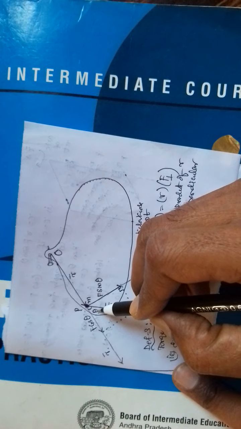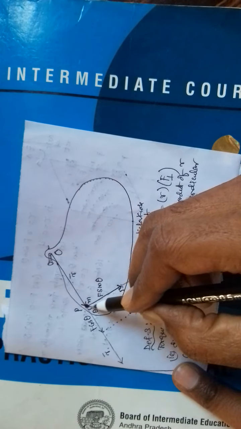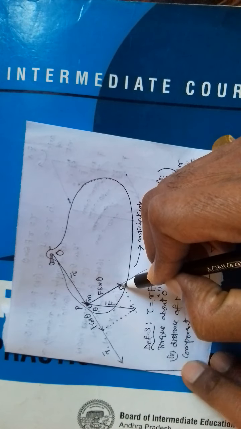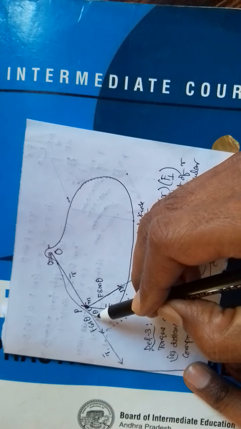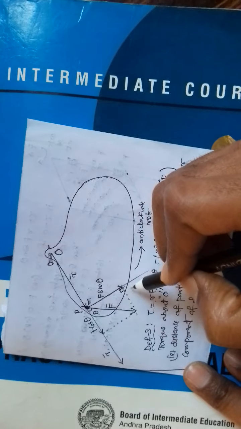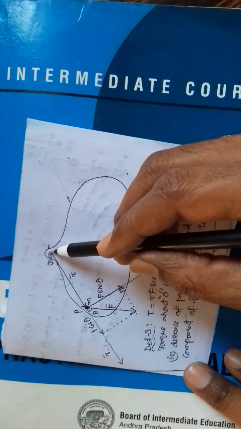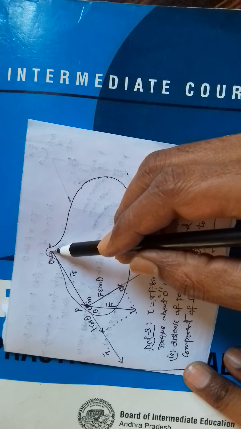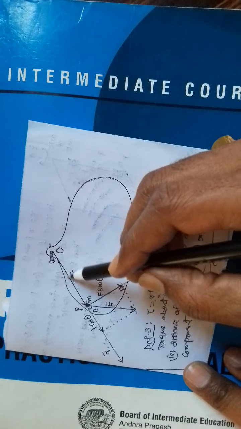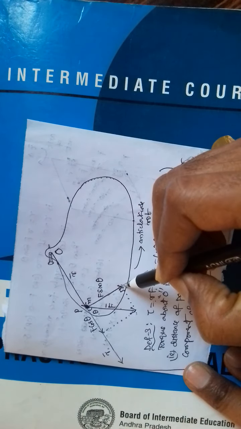Now see, adjacent to theta will be cos. So this is F cos theta and this is F sin theta. Now R into F sin theta means you have taken the length of the distance from the pivot point to the mass particle, and multiplied this distance by F sin theta.